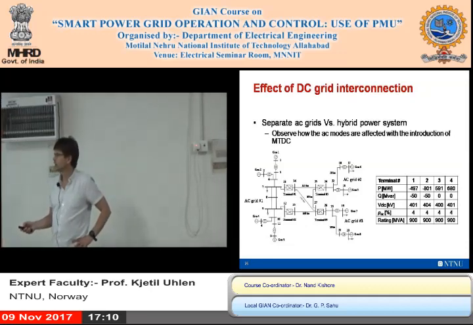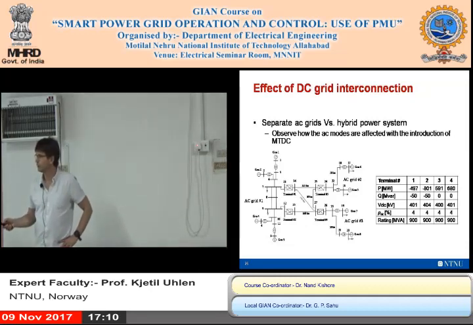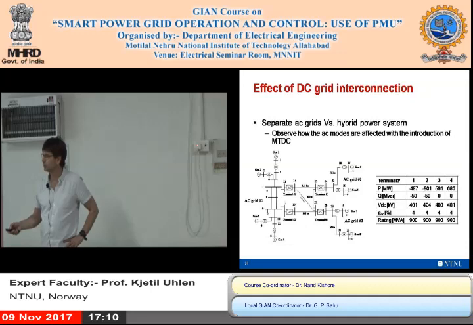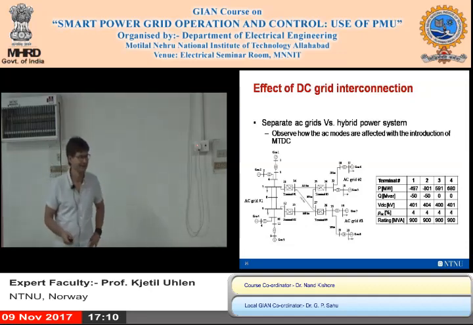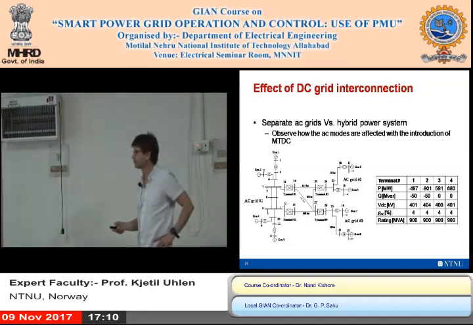And what we are interested in analyzing is the interaction between the electromechanical modes in this area with the other areas. Here we talk about inter-area modes between area 1 and 2, right? Is there an inter-grid mode, for example? We are interested in knowing that.